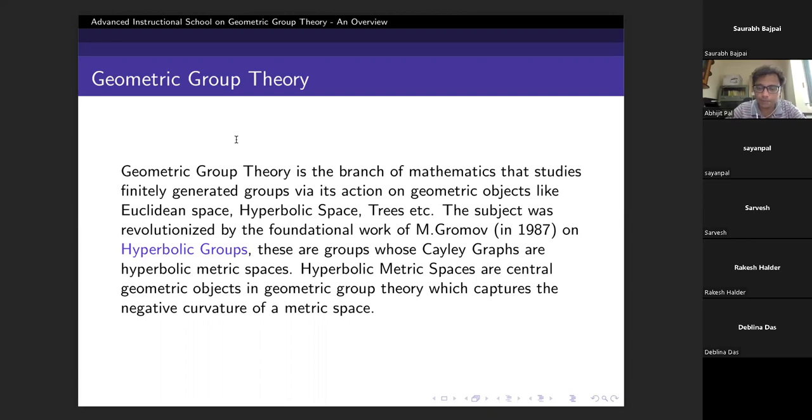What are these hyperbolic groups? These are the groups whose Cayley graphs are hyperbolic metric spaces. You will learn about hyperbolic metric spaces in this workshop. These hyperbolic metric spaces are very crucial objects in geometric group theory, which capture the negative curvature of a metric space.